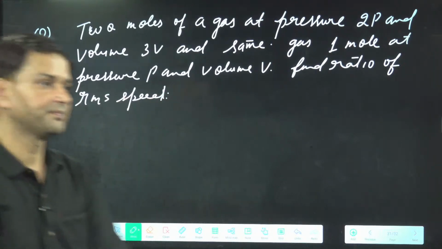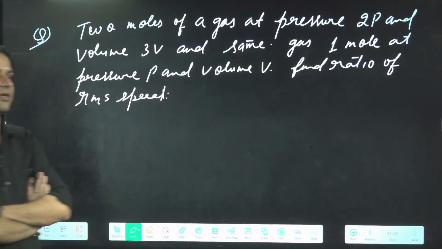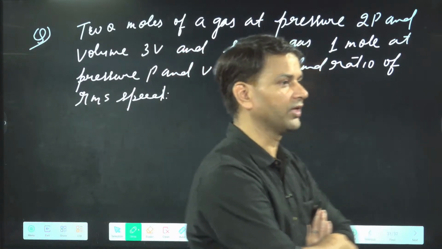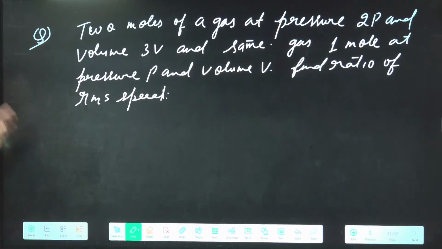Tell what is the answer. 2 moles of a gas at a pressure 2P and volume 3V, and the same gas 1 mole at pressure P and volume V. Then find the ratio of the RMS speed.